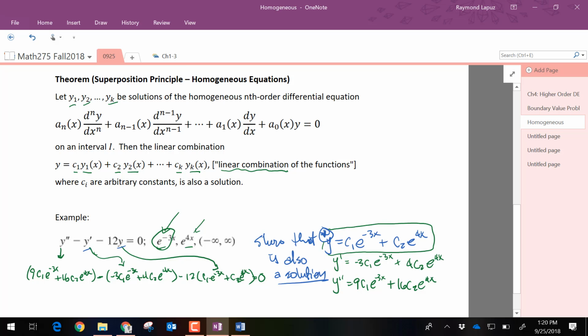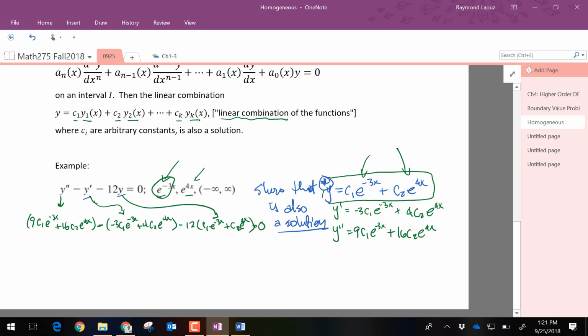So if I went and did this and put that into this differential equation, I'm going to get 0. We're not doing that, but we're just going to assume that because I got this from the book, and that's what they're assuming. And now what we're saying is that if we put them as a linear combination, then that's also going to work. And by work means it's going to work if we find the first and second derivatives and we put in the first and second derivatives, and then this is going to be a true equation, hopefully.